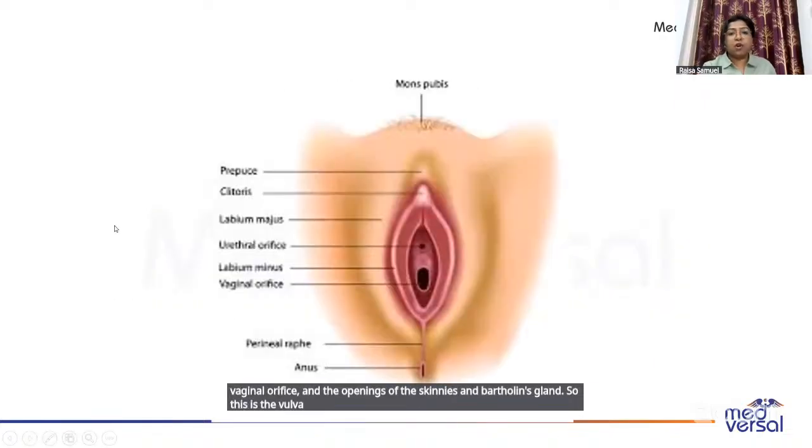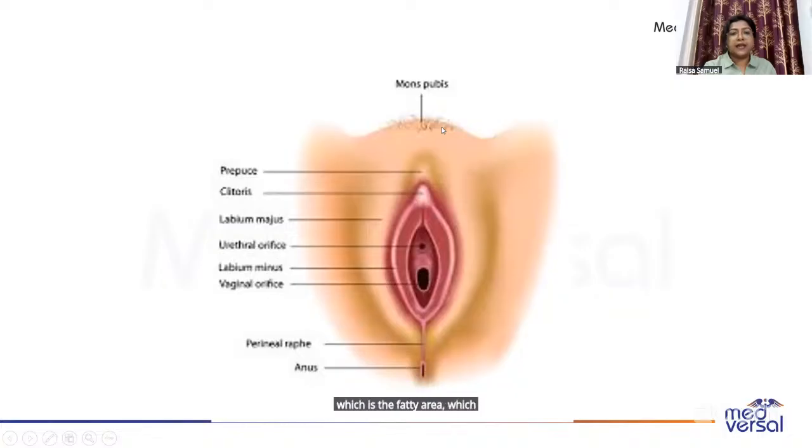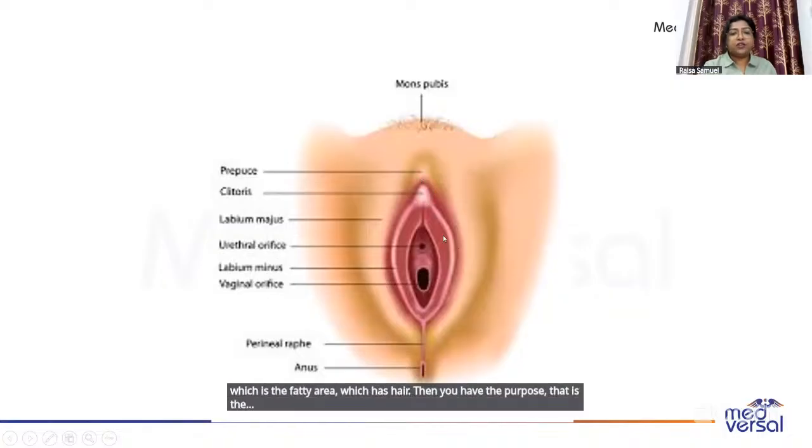So you have the mons pubis here on top, which is the fatty area which has hair. Then you have the prepuce, that is where the clitoris joins. Labia majora is the larger one. Labia minora is seen below that. Majora is the outer one, minora is the inner one.